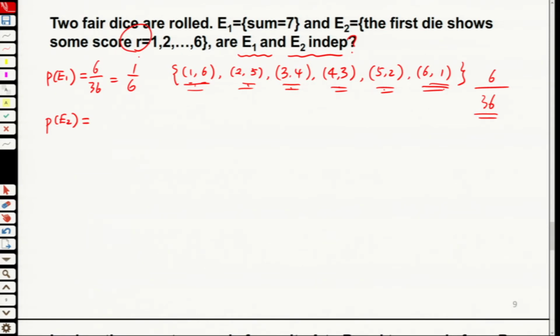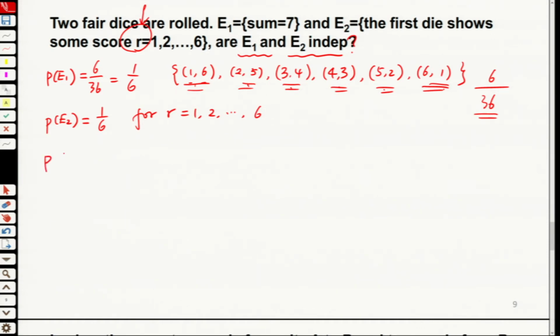If you fix r to be 1, it will be 1 over 6; if you specify r is 3, then this is 1 over 6. That means we specify the r value. For a particular r value, what's the probability that it shows up on the first die? That is 1 over 6.